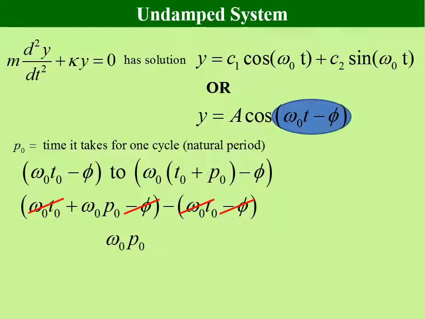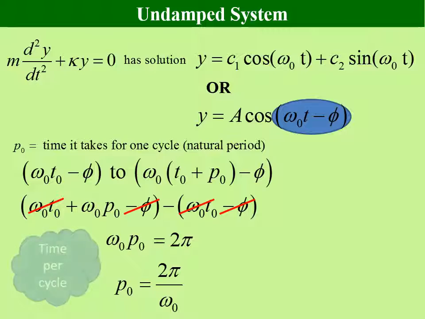Well, now that's got to be equal to 2 pi, since it's a cosine function and the period of cosine is 2 pi, which means the period P naught is 2 pi divided by that quantity. And we could have told that from the very beginning by the position of the omega naught in the cosine function. However, this is the time for one cycle.